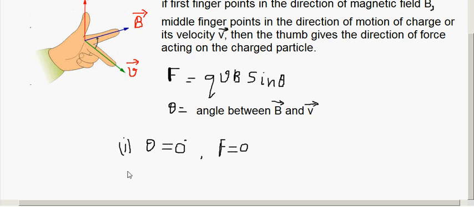Similarly, if the charged particle is moving in a direction perpendicular to the magnetic field, if theta is 90 degrees, then the force will be maximum, F is qvB. So you can have different cases. In detail, I will explain all these things in the coming sessions.